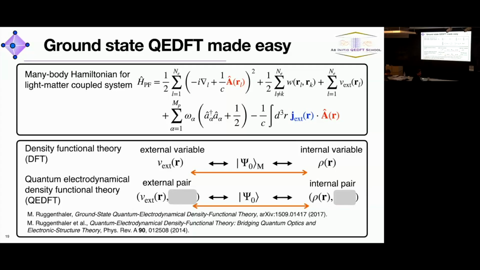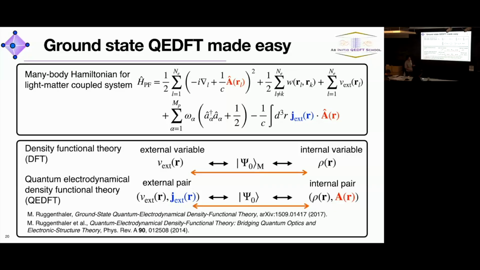And what is the other side? The internal pair. Quite sure. No worries. So the answer is that we need an external scalar potential and also an external current, which will couple to the internal pair. So this is the basic QEDFT mapping.